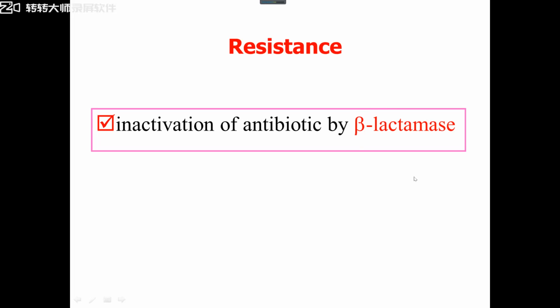It also means that if we use drugs that inhibit beta-lactamase, we can prolong the effects of beta-lactams. So later in clinic, some drugs can inhibit this enzyme and prolong the effect of penicillins or cephalosporins.